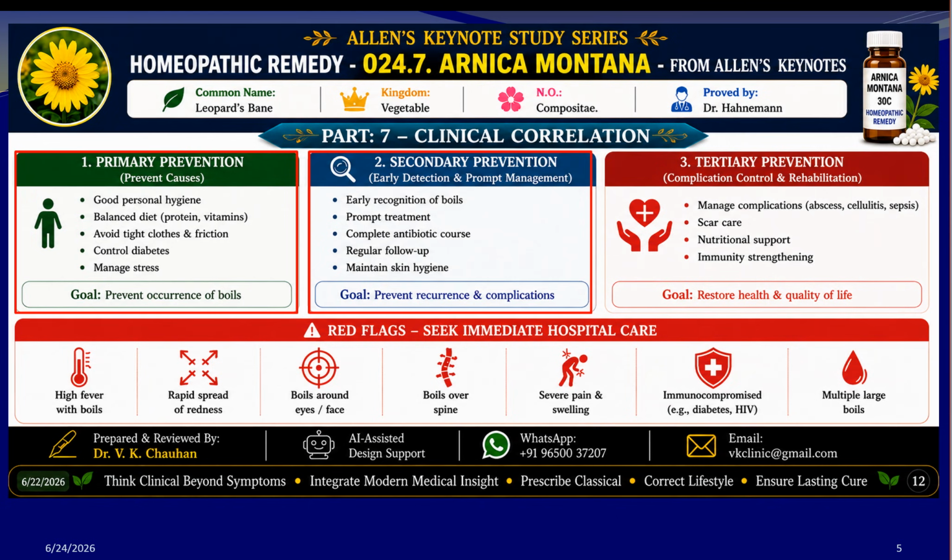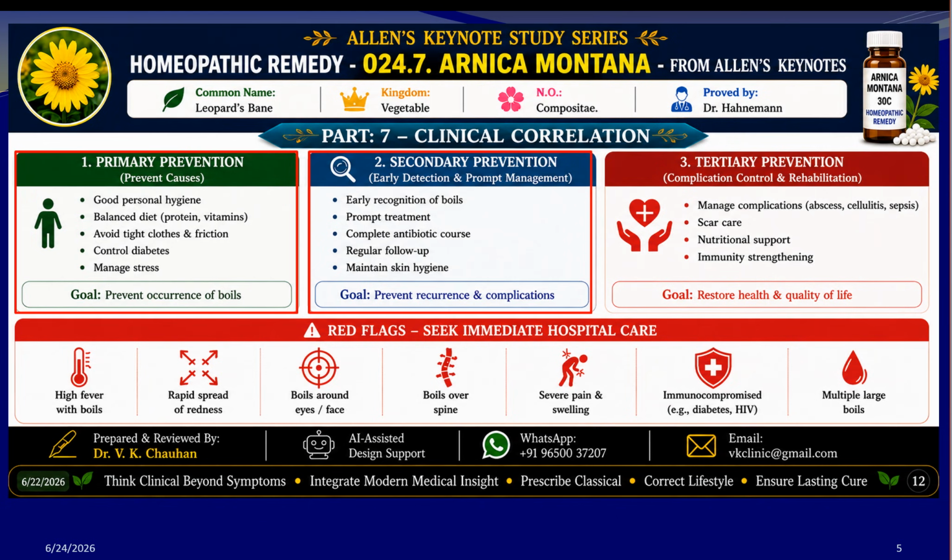If at all there are complications like we have abscesses, cellulitis and sepsis, this condition requires a hospitalization and allopathic or antipathic management, which is very important.